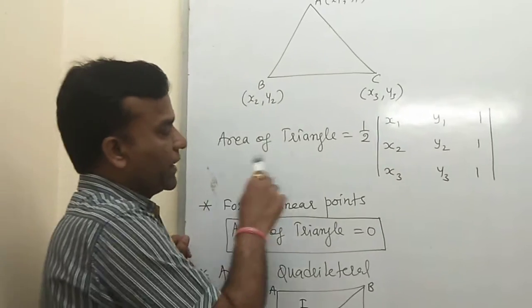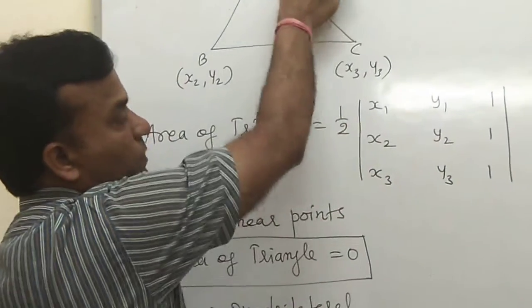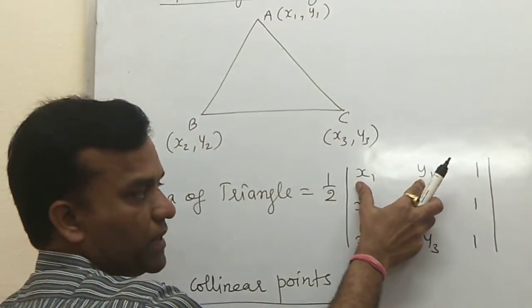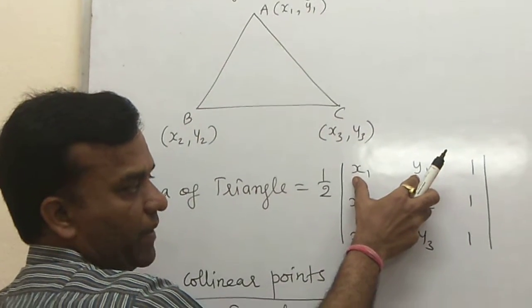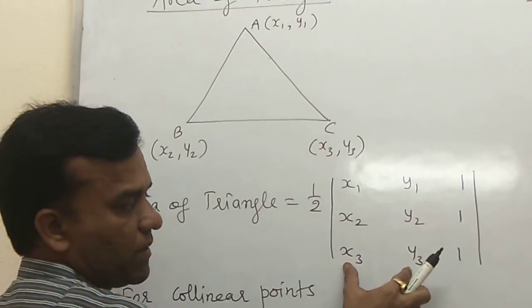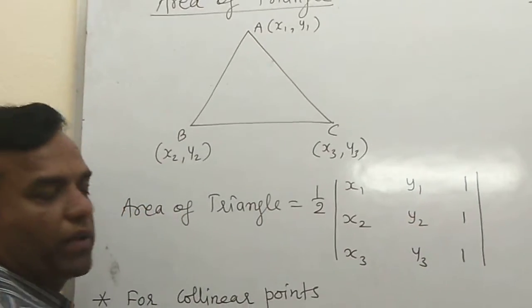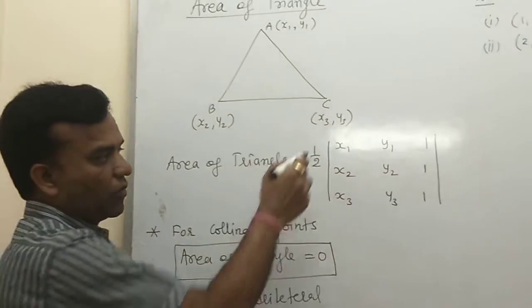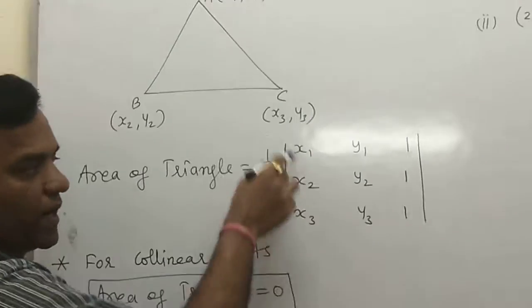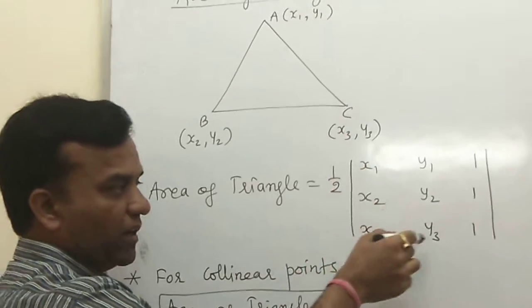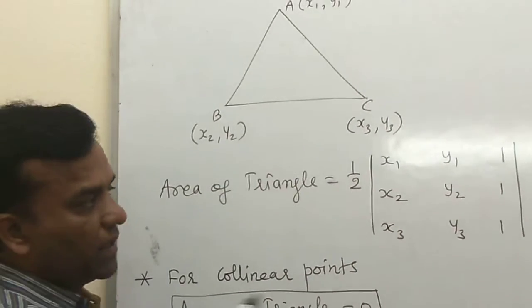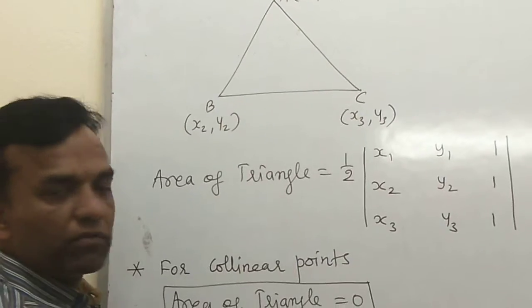And then you write down area of triangle equal to 1 by 2 times the determinant. The first two columns are x1 y1, x2 y2 and x3 y3. In the third column you put 1, 1, 1. Your first column is all the elements of x, the second column is all the elements of y, and the third column you generate like 1, 1, 1.